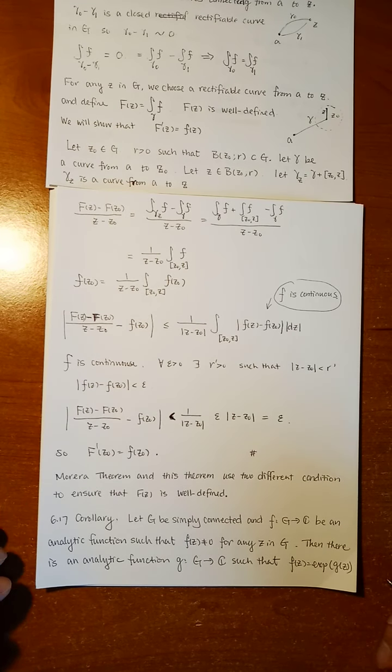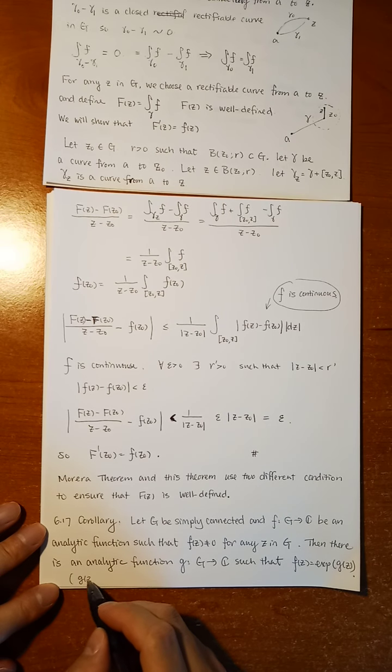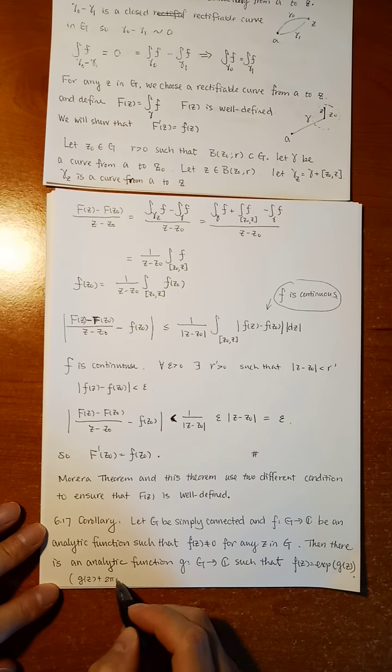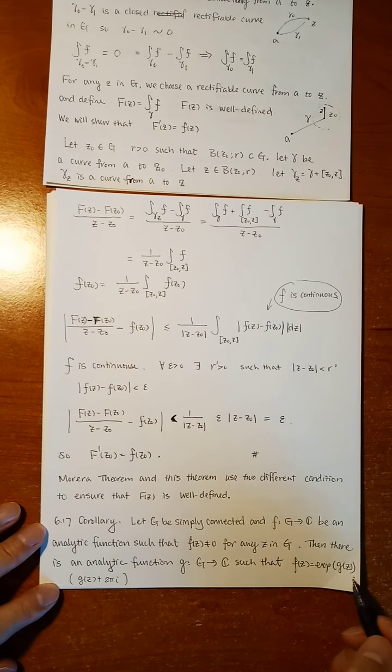Okay, we can always find one. So it just means it's not unique. Of course it's not unique: g of z plus 2 pi i also satisfies this, so this can be another function.